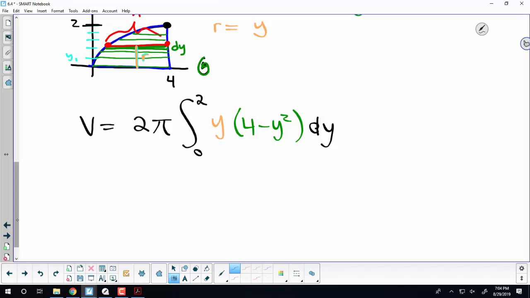So I would just recommend here multiplying this out. Multiply and combine, and that way you're just integrating powers of y. So anyhow, this should come out to be 8 pi.